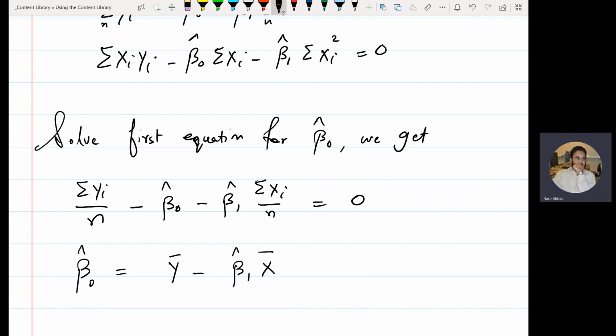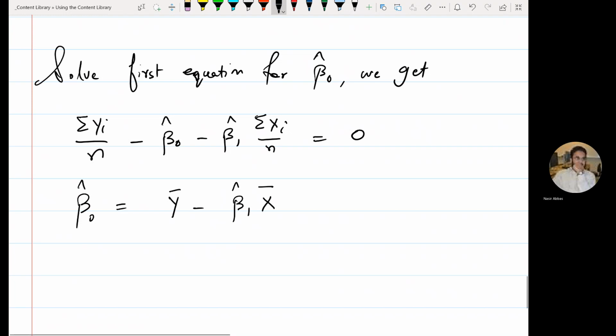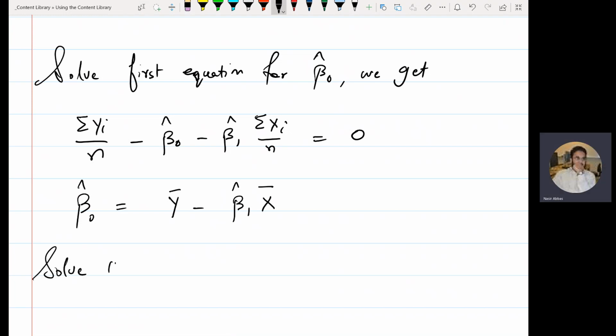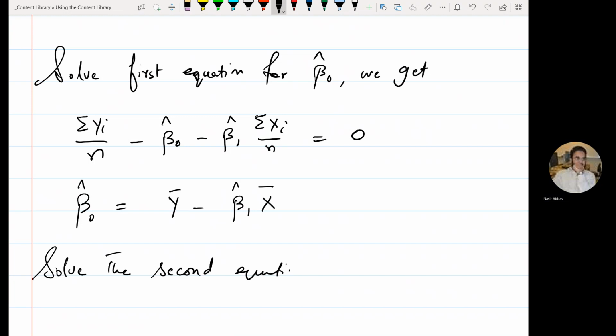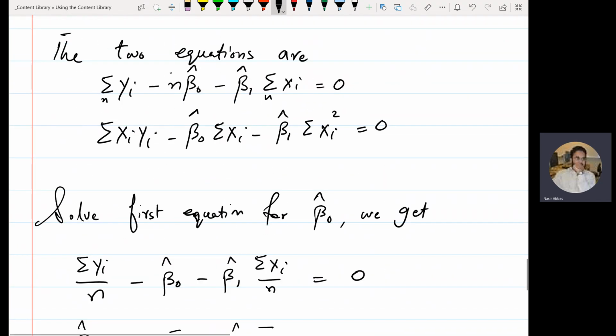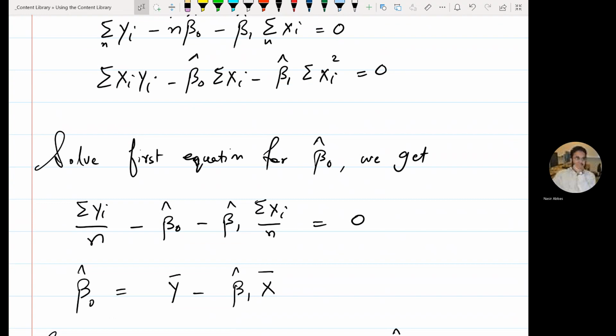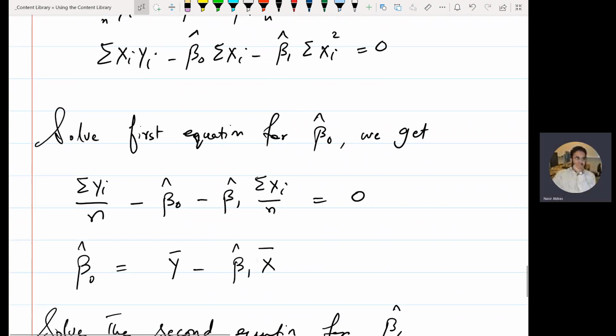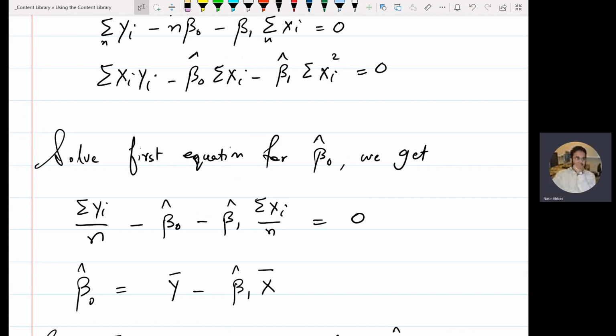Similarly, I solve the second equation for beta 1. What do I get?